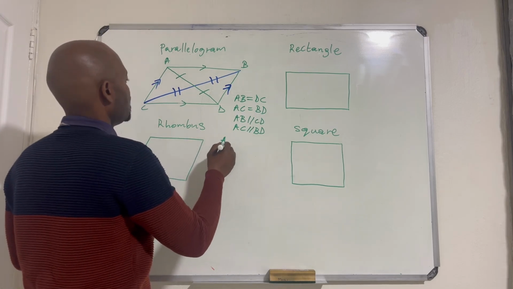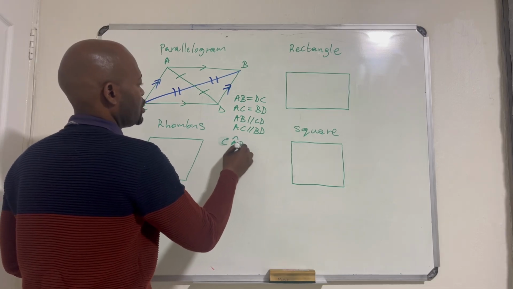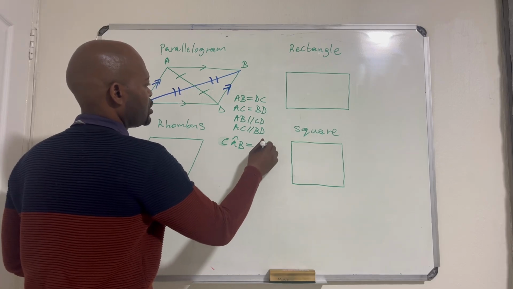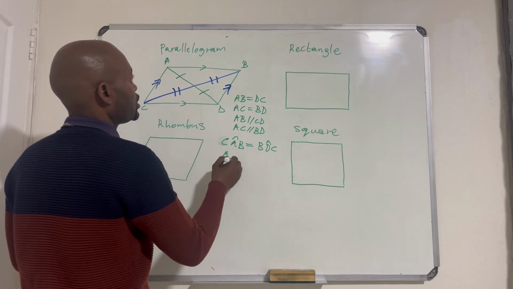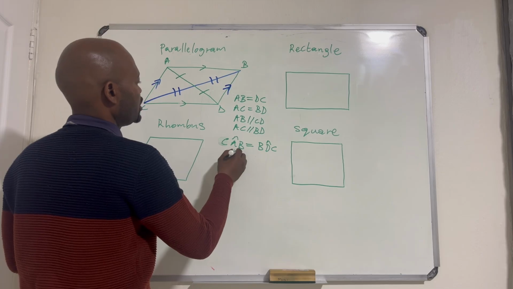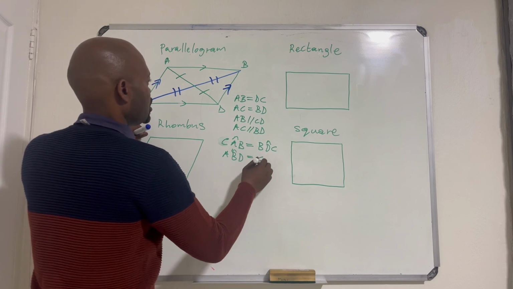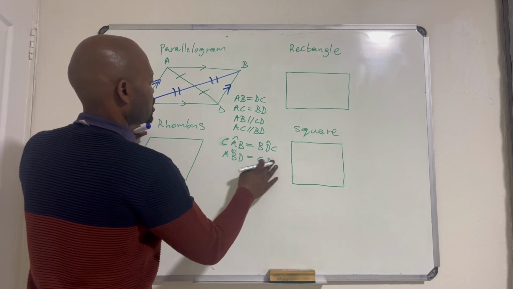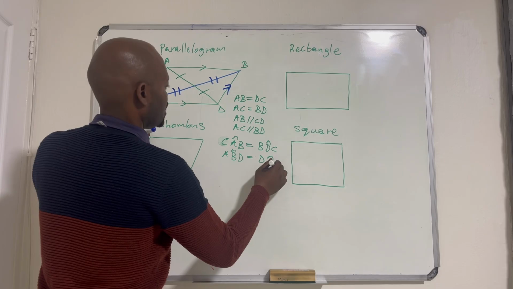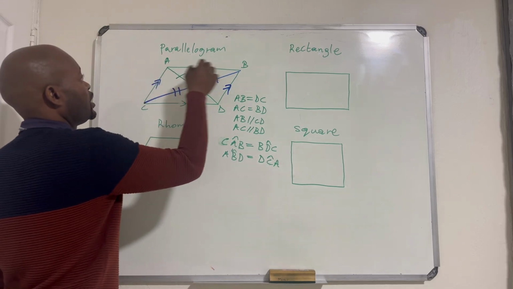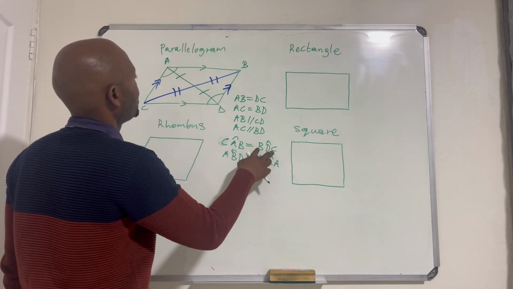Therefore, angle CAB is equal to angle BDC. Also, angle ABD is equal to angle DCA. This angle is equal to that. That is what we mean there.